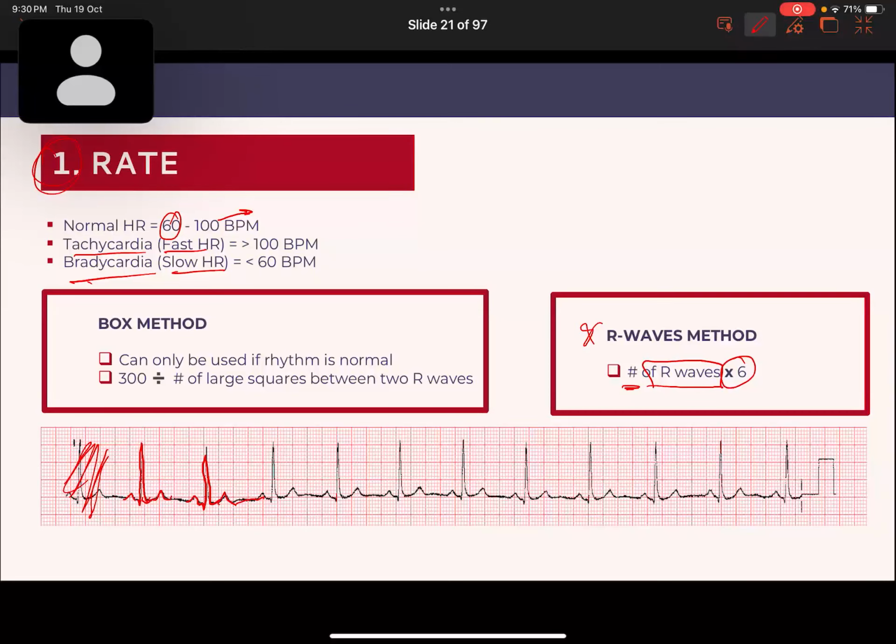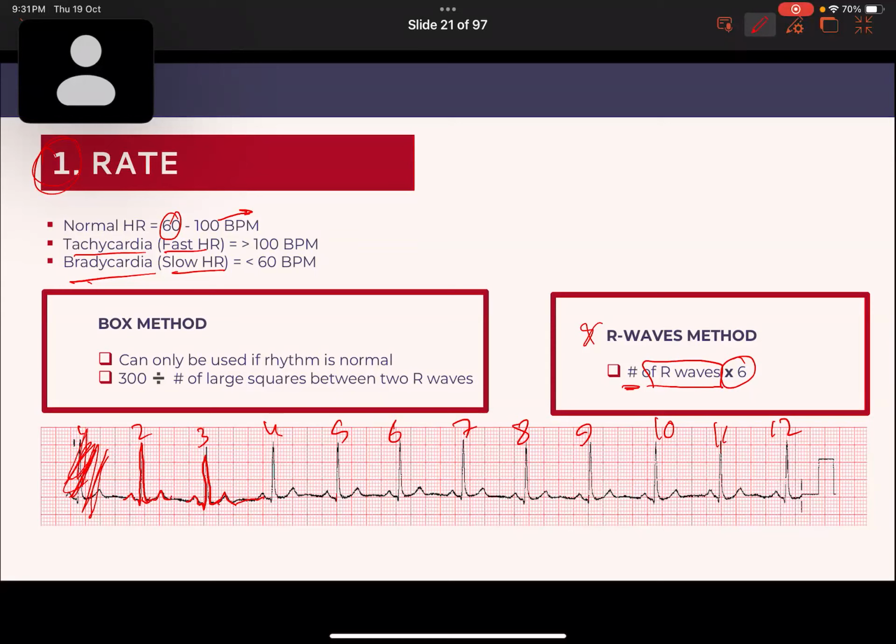Okay, how many R waves do we have? Let me count them. 1, 2, 3, 4, 5, 6, 7, 8, 9, 10, 11, and 12. I know that you skipped this because I said ignore this, but the reason I said ignore this is to help you see a full heartbeat.